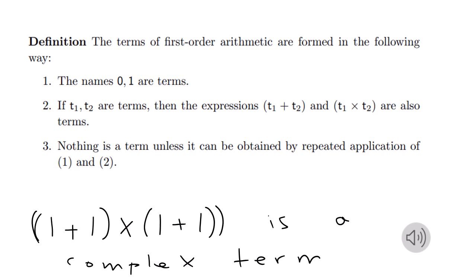And in the discussion, I'll also ask you to identify your favorite number and then try to express it using some of these complex terms in this first order language of arithmetic. And again, I'll remind you that you can't use the numeral 2 or the numeral 3 or the numeral 4 in this case. Instead, you'll want to use these function symbols to build up terms that reference those things.